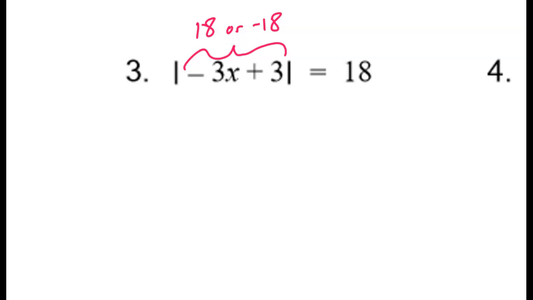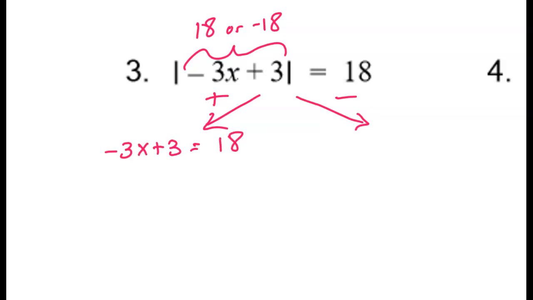So once we have the absolute value all by itself, the process is to take our absolute value equation and split it into the positive version and the negative version. The positive version, I take the inside of my absolute value, 3x plus 3, and set it equal to a positive 18. Yes, Liz? Can you repeat the equation? So it's the absolute value of negative 3x plus 3, and absolute value equals 18.